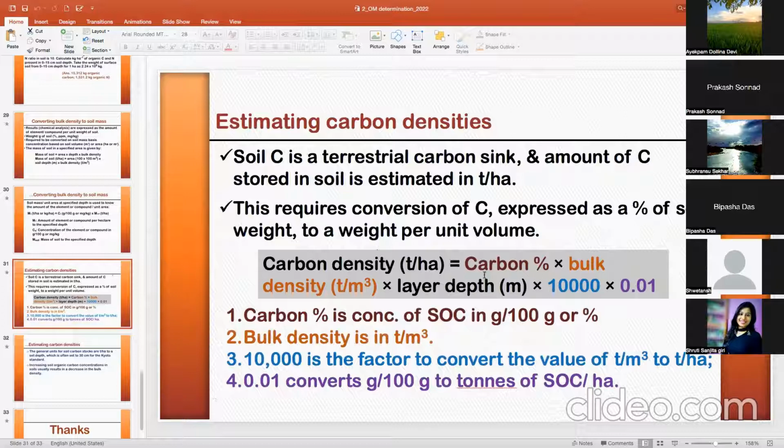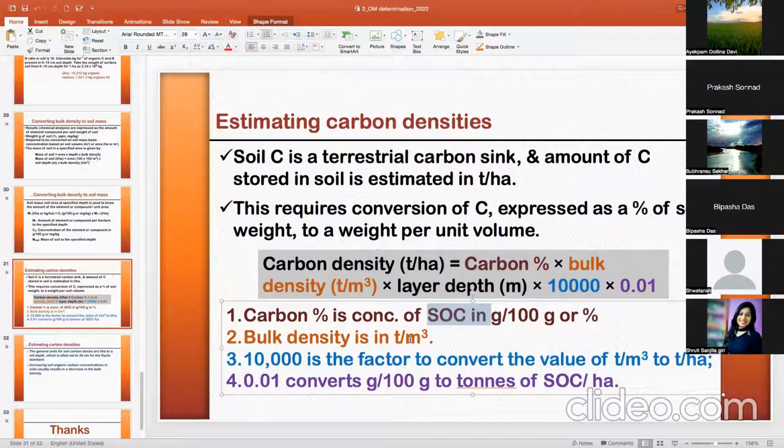Carbon density. Now, density is another issue. Soil carbon is a terrestrial carbon sink, and the amount of carbon stored in soil is estimated in ton per hectare. This requires conversion of carbon expressed as percentage of the soil weight to weight per unit of volume. Carbon density in tons per hectare is equal to carbon percentage into bulk density into layer depth into 10,000 into 0.01. Use this formula. Carbon percentage is the concentration of soil organic carbon in gram per 100 gram.